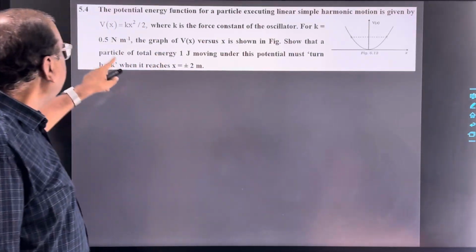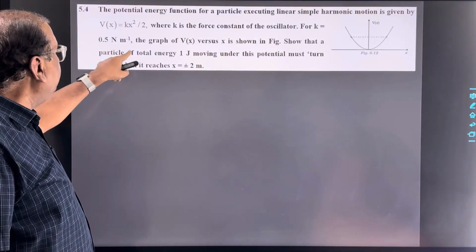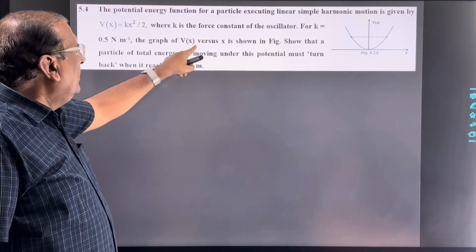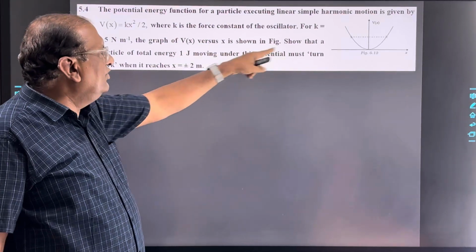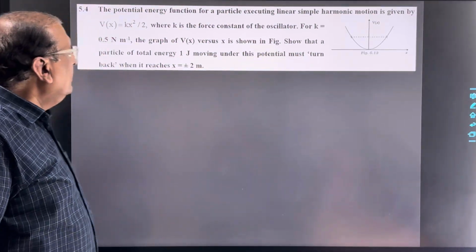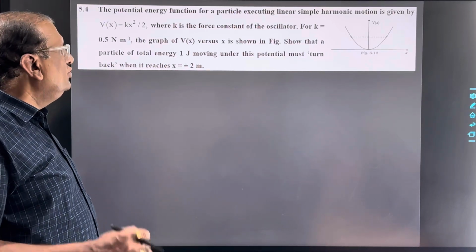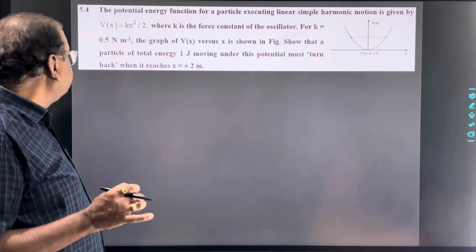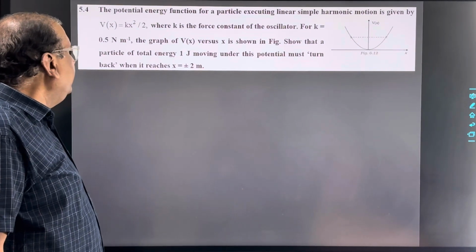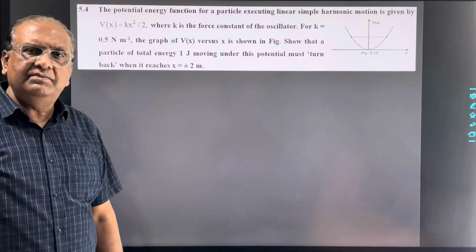For k equal to 0.5 Newton per meter, the graph of V(x) versus x is shown in the figure. Show that a particle of total energy 1 joule moving under this potential must turn back when it reaches x equal to plus or minus 2 meter.